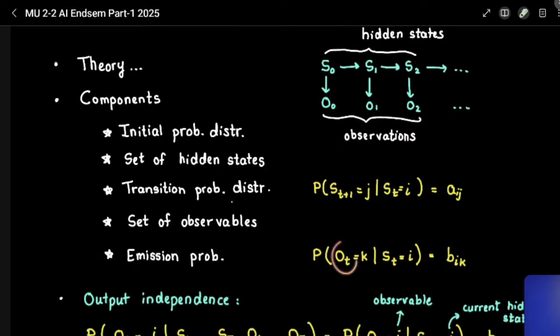At time t the observation made is k. k is an observable, and this is the observation that was made. So you have b_ik: at state i, you made an observation k. All these probabilities are bundled up and kept in emission probabilities. So you have an emission probability matrix, and you have a transition probability matrix.